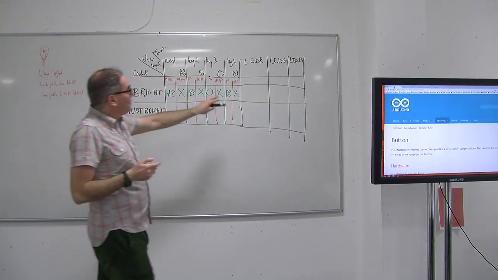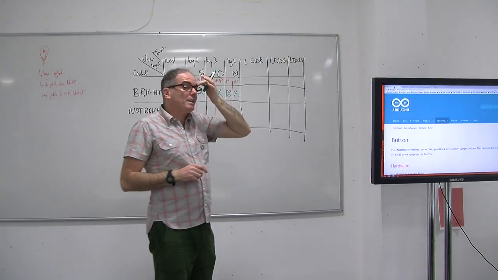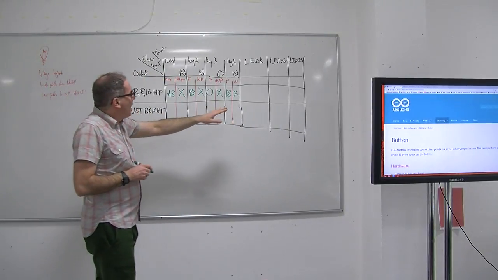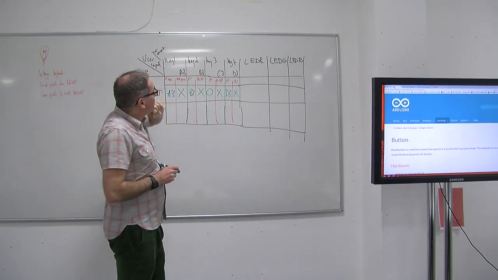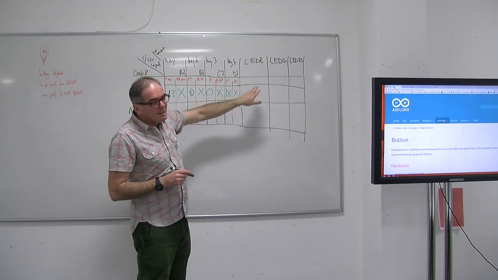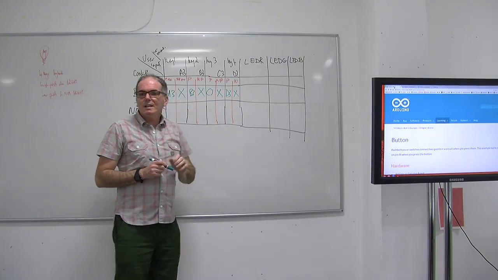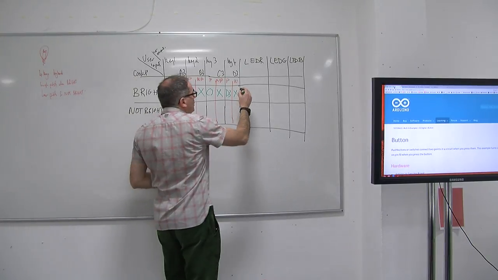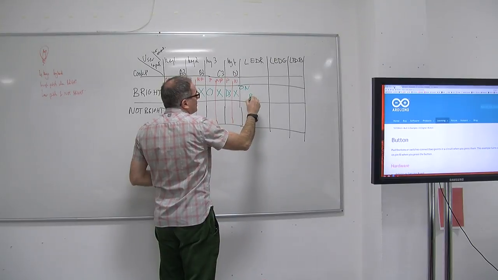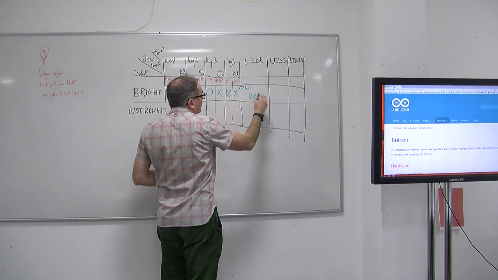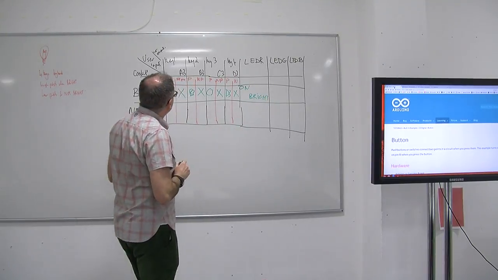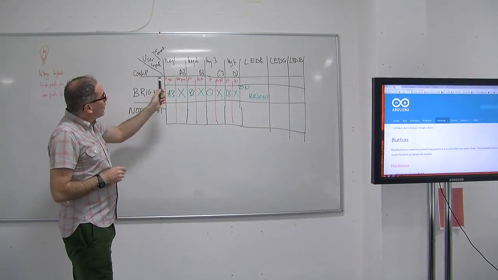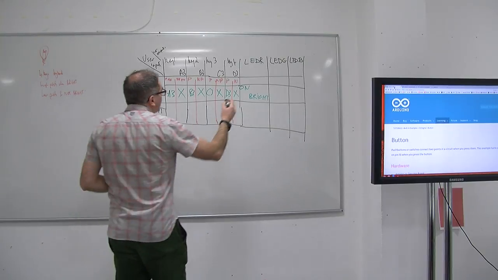Now we can add this, and say that when key 1 is pressed and it's bright, the red LED is going to go very bright. So that's what we have on bright when key 1 is pressed.